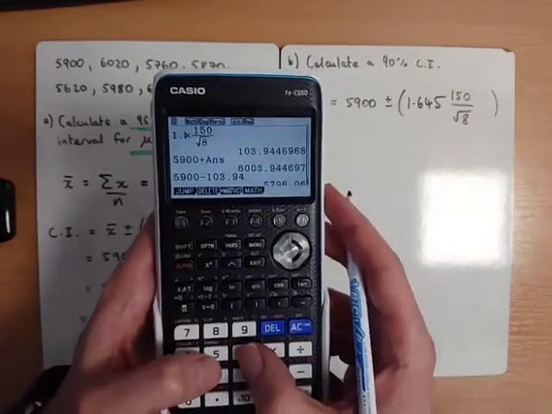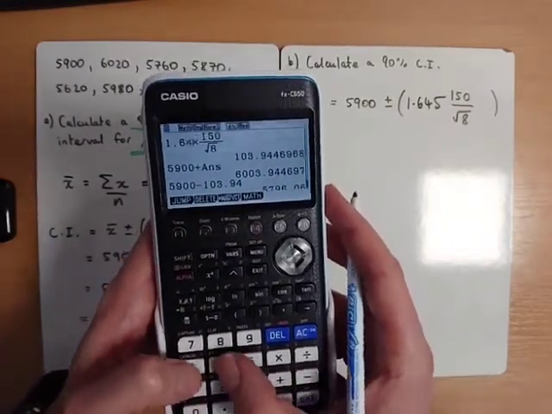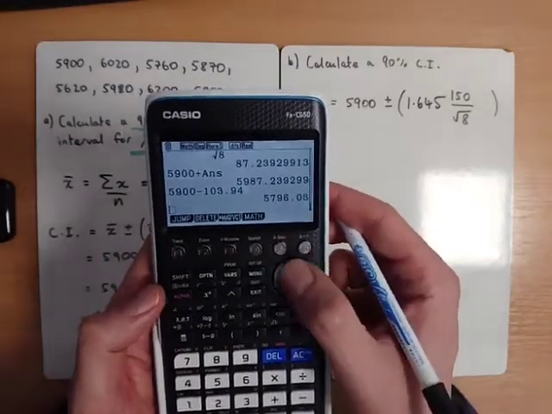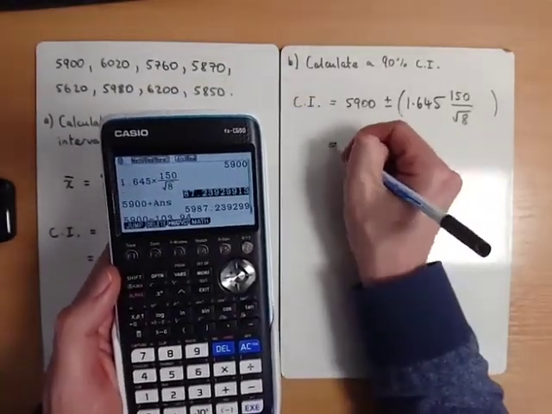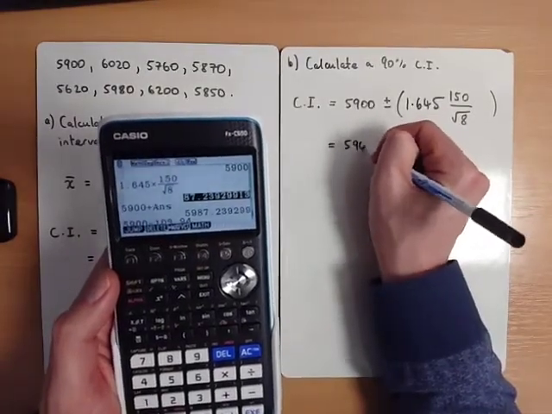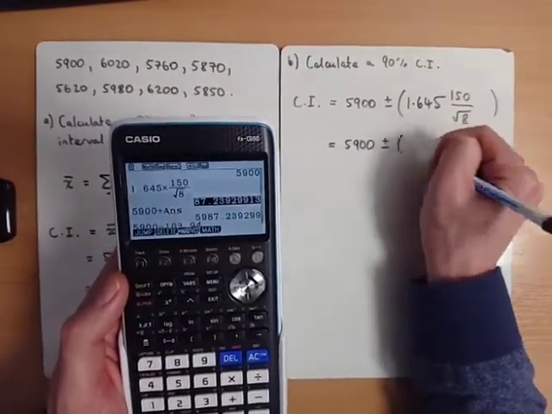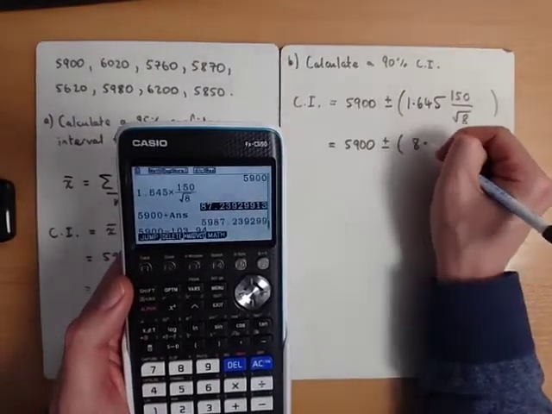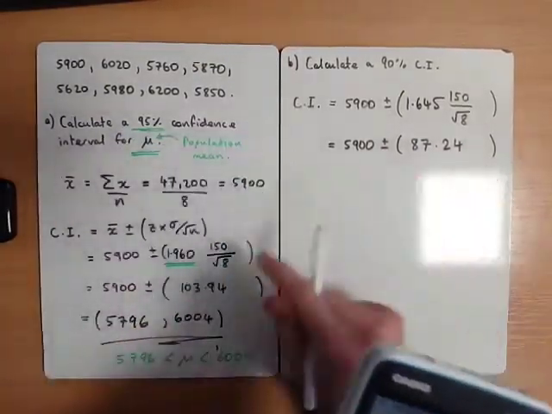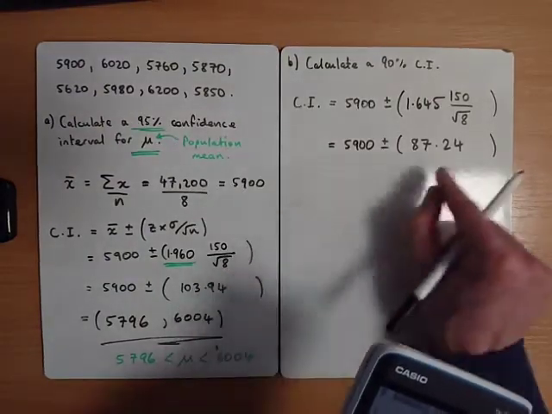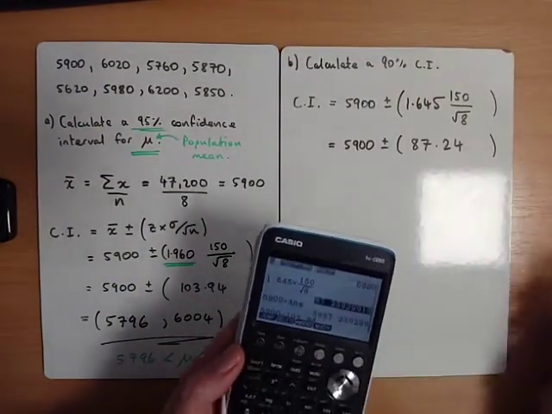So if I change this to 1.645, that tells me that I'm going to be doing I've got to add on, can you see that we're adding on slightly less than what we were previously?